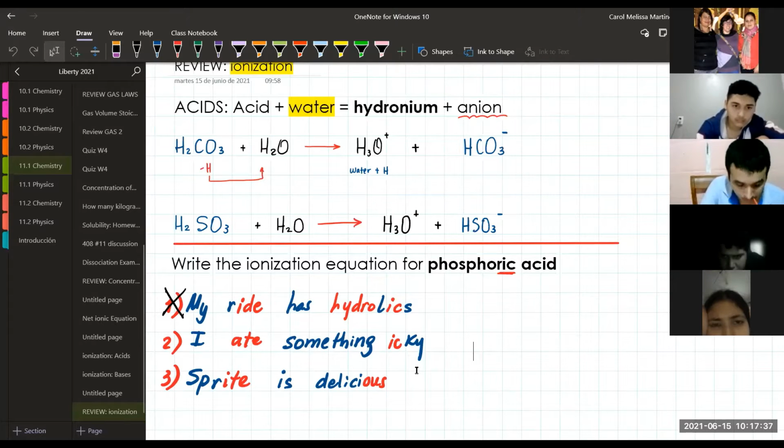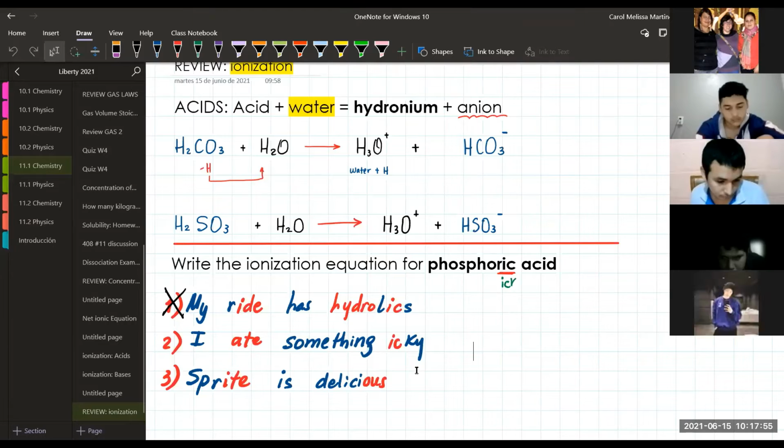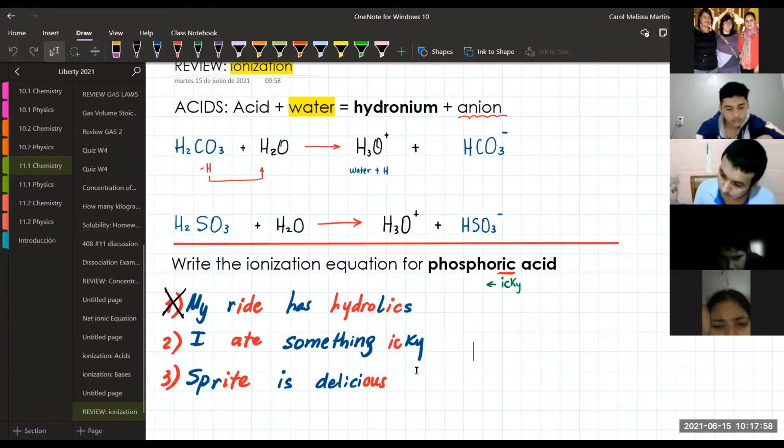Icky says that you ate something icky. In other words, it means that the polyatomic ion that you will use for this acid is going to end in ate.